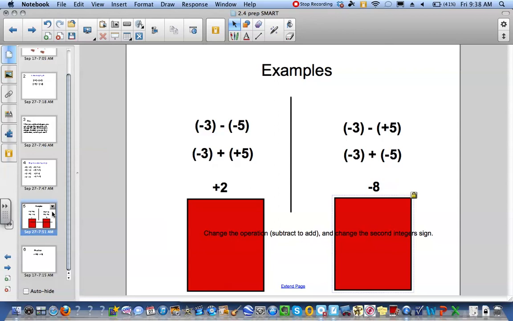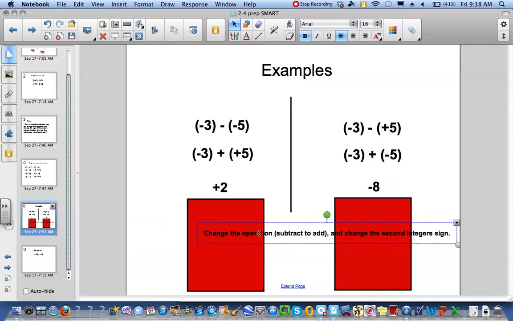So you're adding a negative. Instead of subtracting a negative, we're going to add a positive. When subtracting a positive, that means we're just adding a negative. It's just a different way of looking at it. But if you can remember the saying, change the operation, change subtraction to add, and then change the second integer sign, change the operation, change the sign.